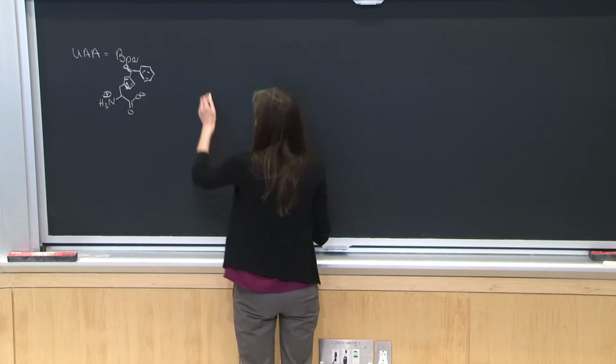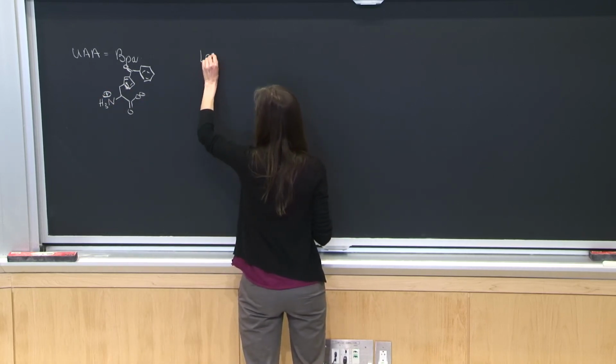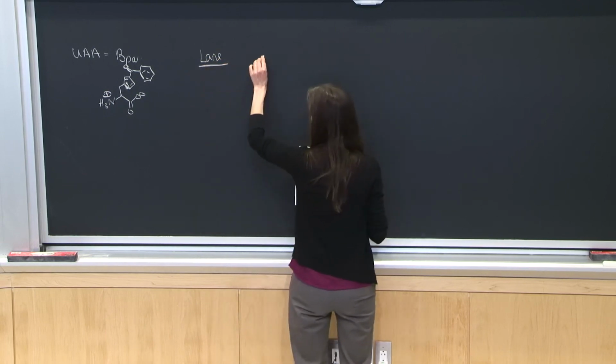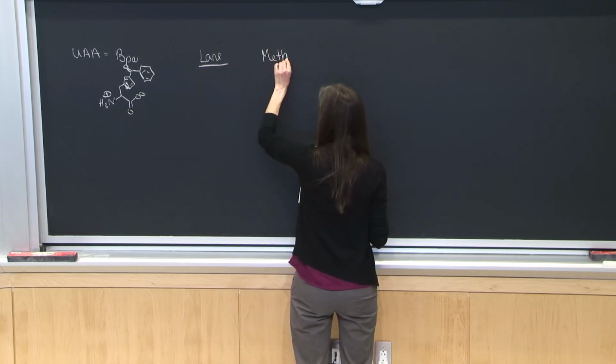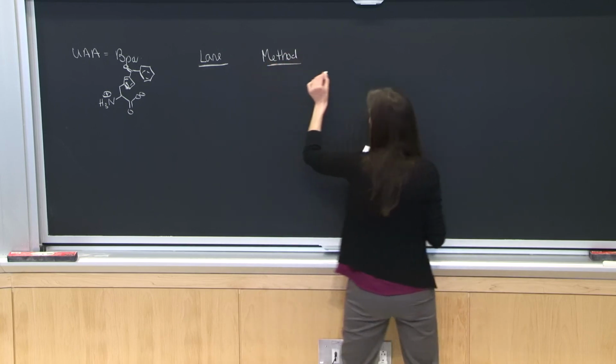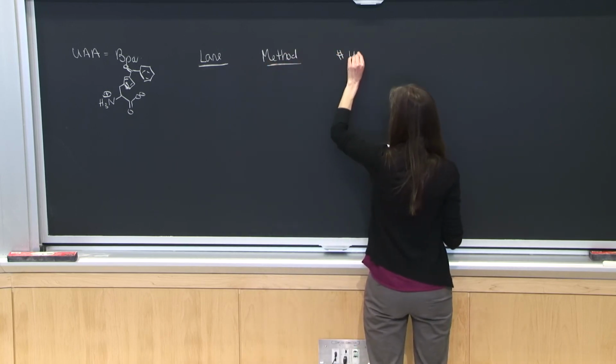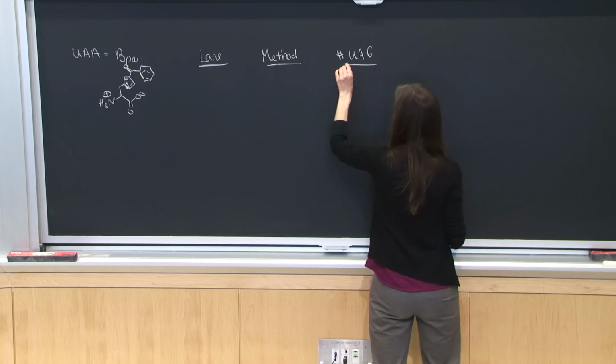Okay, and so I'm going to write up some details that came out from the gel on the board because there's a lot of things to navigate in that gel.